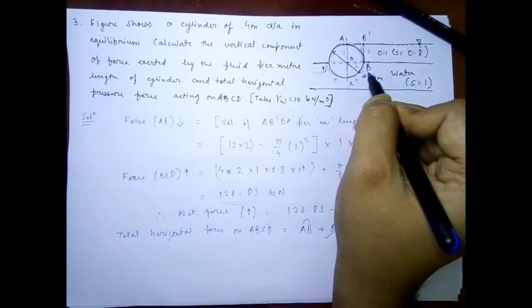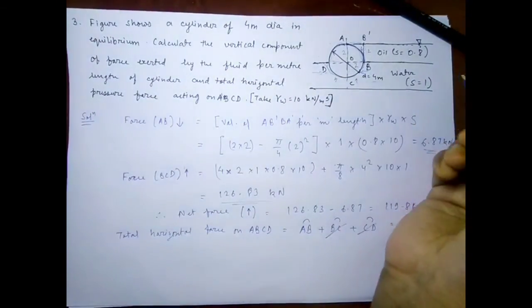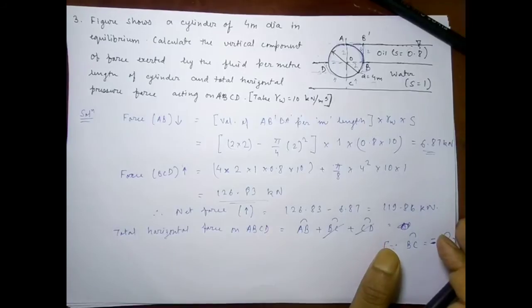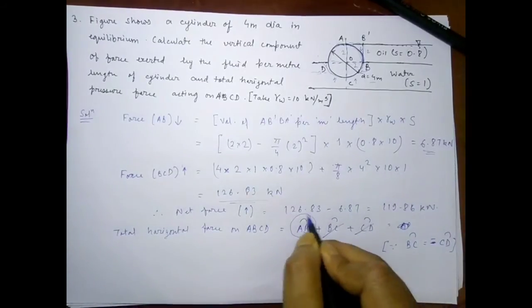If you consider the horizontal forces of the BC part and the CD part, they will be cancelling each other, so we will not consider the force due to BC and CD, it will be solely due to AB.